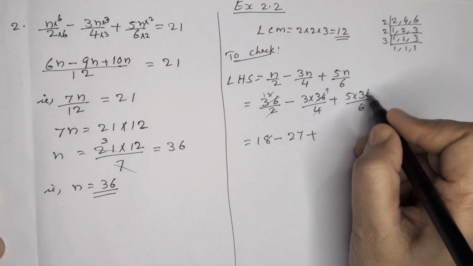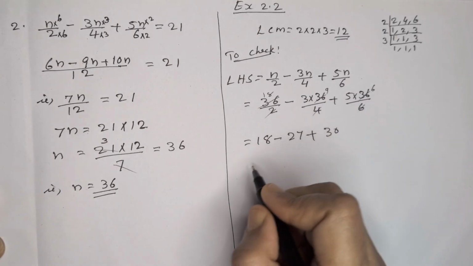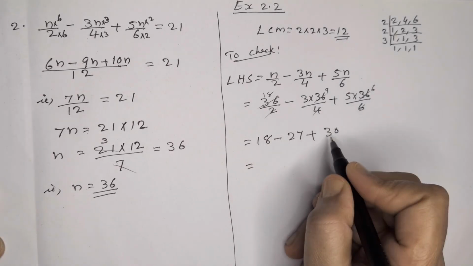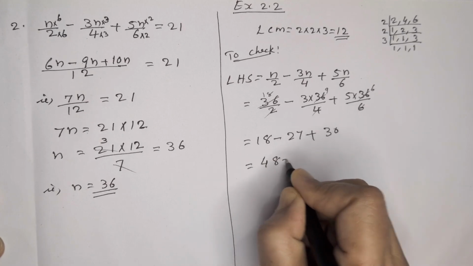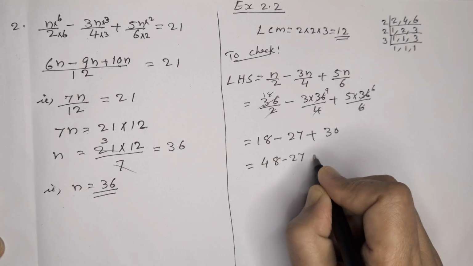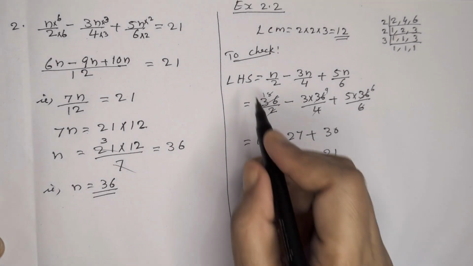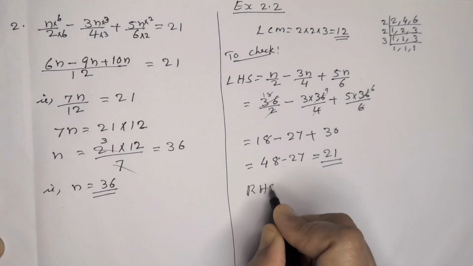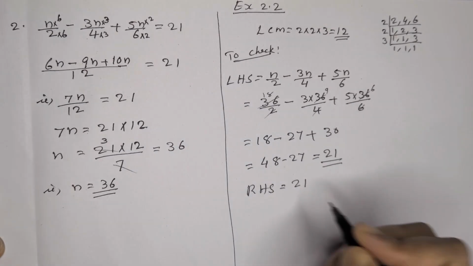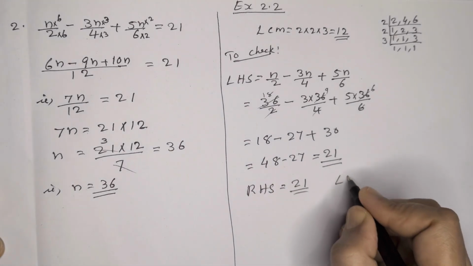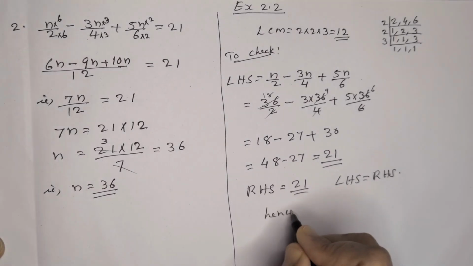Plus by dividing by 6, here 6 times, so 6 into 5, 30. Add the positive numbers, 30 plus 18, that will become 48 minus 27, equal to 21. LHS answer is 21. Now RHS, already there only that number 21. That also 21. So we can write LHS is equal to RHS. Hence verified.